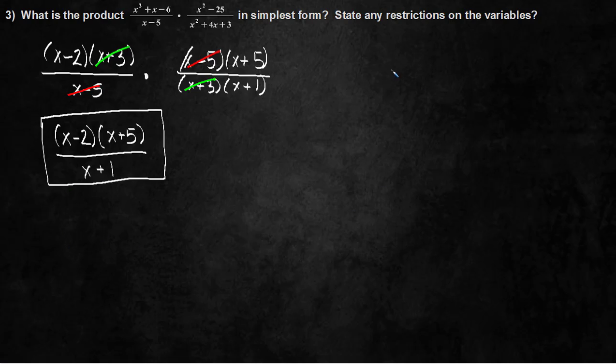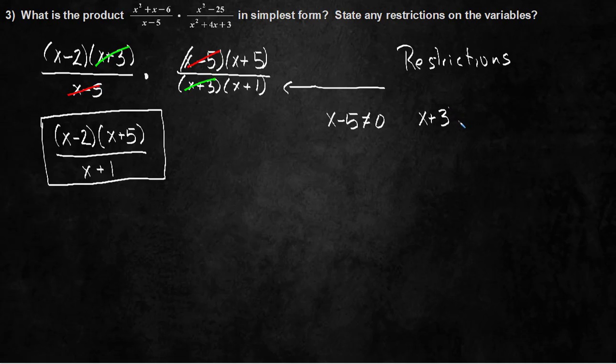Now I need to find my restrictions. And so again, I'm going to be looking at the denominator that goes all the way across on both fractions. So x minus 5 cannot equal 0. X plus 3 cannot equal 0.